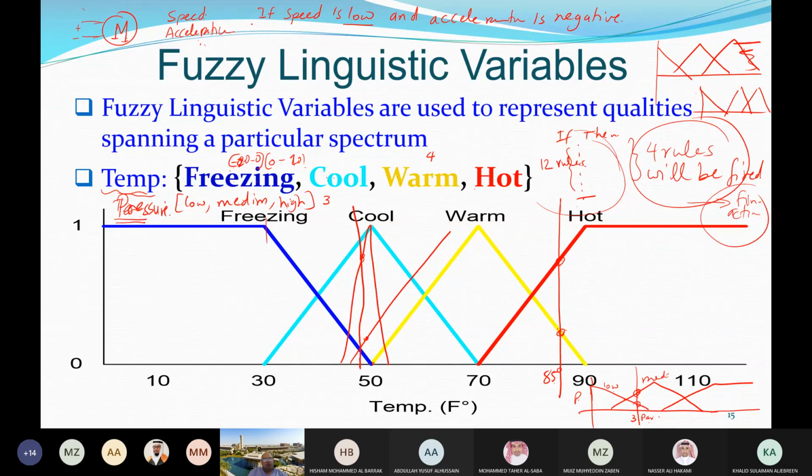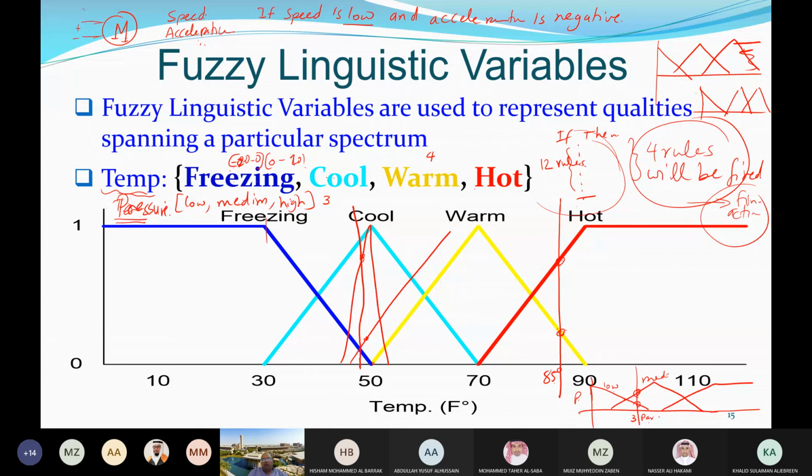Now if I ask you, based on your experience in electrical engineering on electric machines, if speed is low, that means you have a speed below the rated value. You want to fix the speed at 3600 RPM, and you measure the speed and find it is below 3600, which is the rated value.